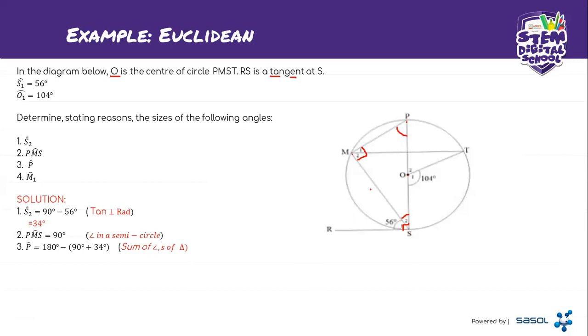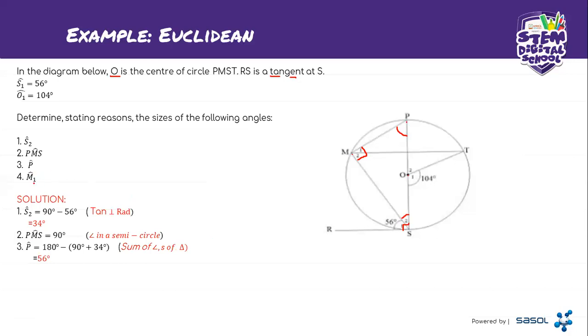Hence we said 180 minus the sum of the other two angles gives us 56 degrees, meaning this angle here is 56 degrees. If you add this one plus this one and subtract them from 180, it gives you 56 degrees. So that is angle P.